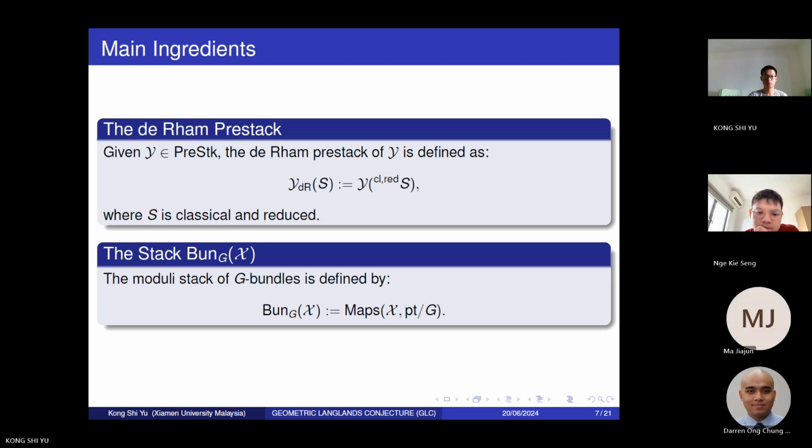Suppose T is G_m. X is a point. What is the Bun point? By definition, it is a map from the point to the point quotient G_m, right? So this is a set.